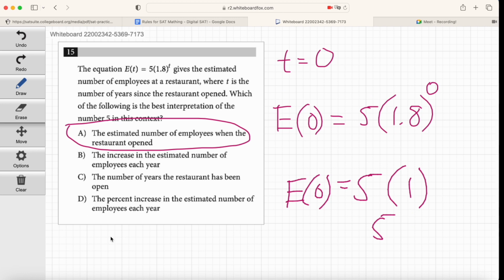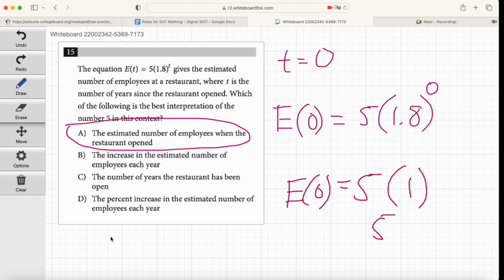I want to look at the other answer choices real quick. I think they're kind of silly if you really think about this question clearly. Look at answer choice B. Go ahead and read answer choice B for us. B, as in boy. The increase in the estimated number of employees each year. Yeah. But that doesn't make a whole lot of sense, right? You could plug in a 1 and a 2 and see how much it increases.